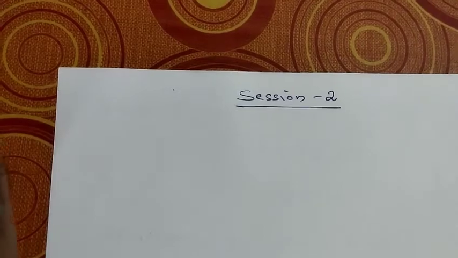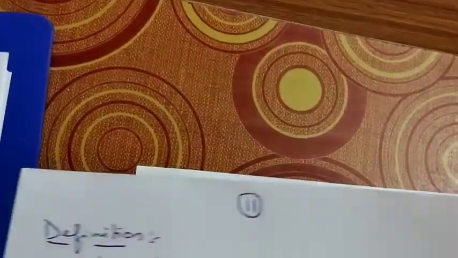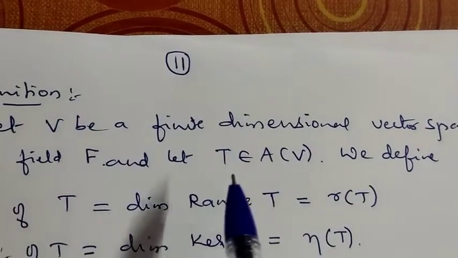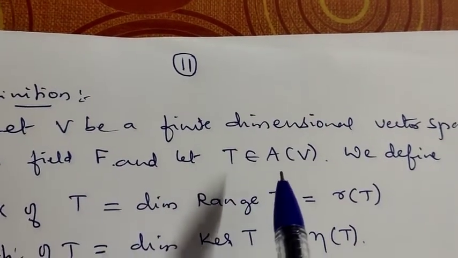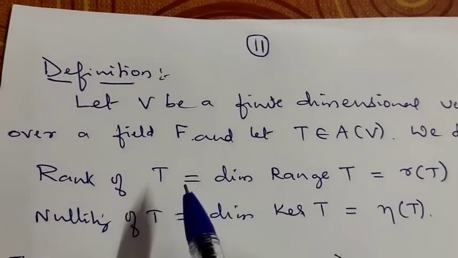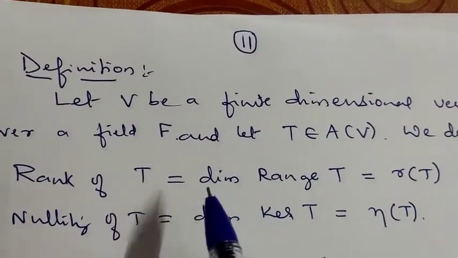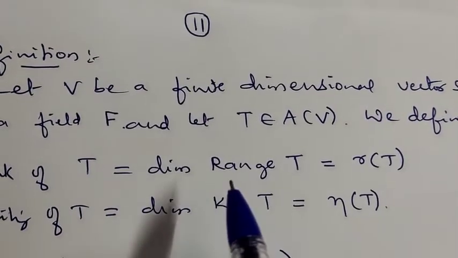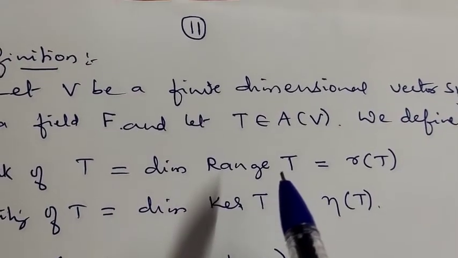Suppose V is a finite dimensional vector space over a field F, and let T be an element of A of V. We define the rank of the transformation T as the dimension of the range of T. What is the range of T?